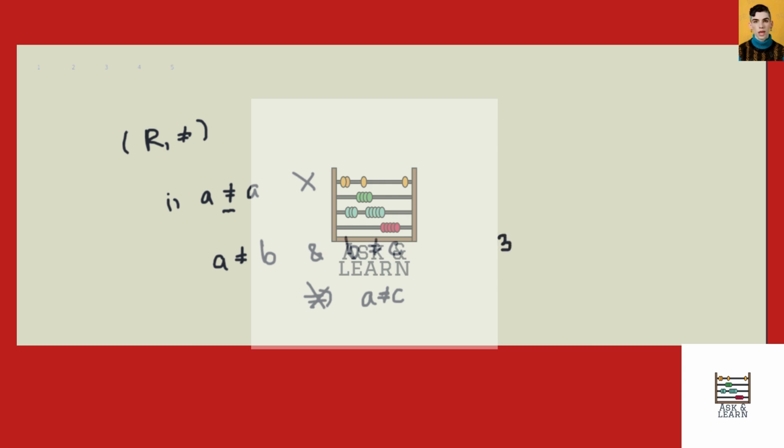For example, 3 is not equal to 4, and 4 is not equal to 3. But this line of argument does not prevent 3 from equaling itself. It does not force 3 to relate to itself. In fact, 3 is equal to itself. So it breaks transitivity as well.